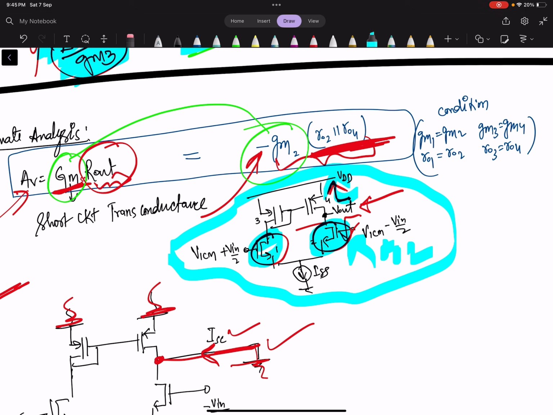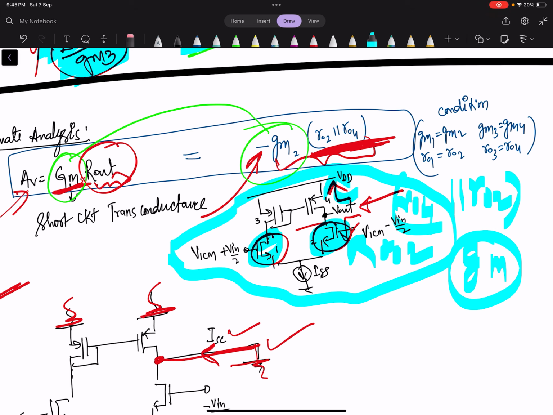So R04 parallel R02 is the resistance and GM1 is the equivalent GM of this circuit, and negative direction because of the phase change. Okay.